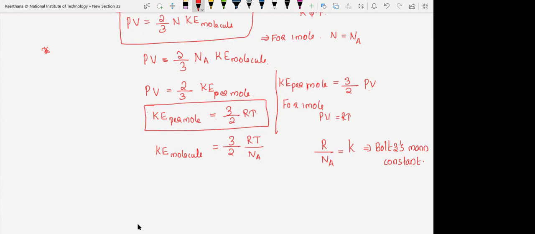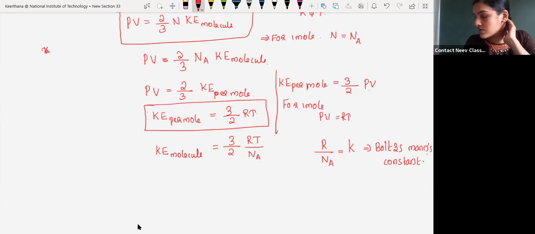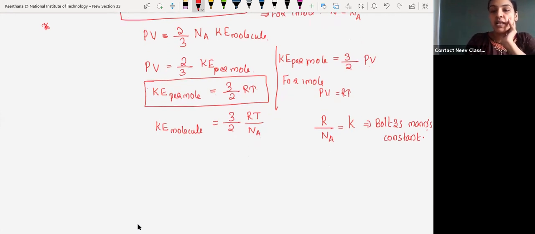Boltzmann's constant. We know the value of R and we know the value of Na. So I can rewrite kinetic energy of one molecule is equal to 3/2 kT.